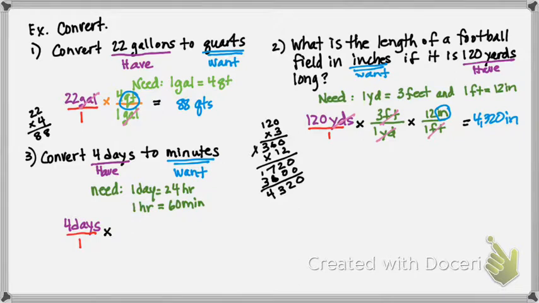All right, let's see what happens next. So in order to get rid of days, it's going to have to go on the bottom. So I'm going to take that conversion. 1 day is the same as 24 hours. So day goes on the bottom because I have days on top. Puts 24 hours on top. But remember what I'm trying to get to, what I want is minutes. So let's try another conversion factor.